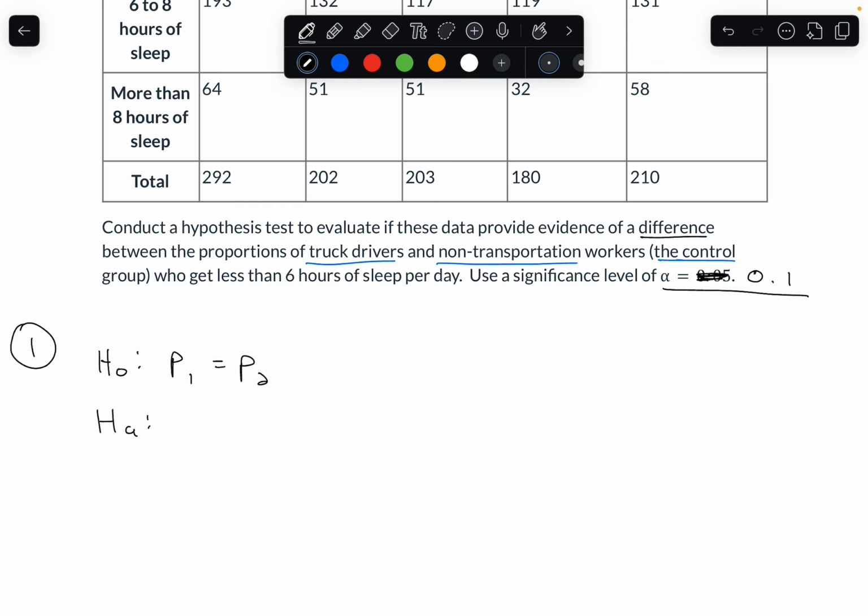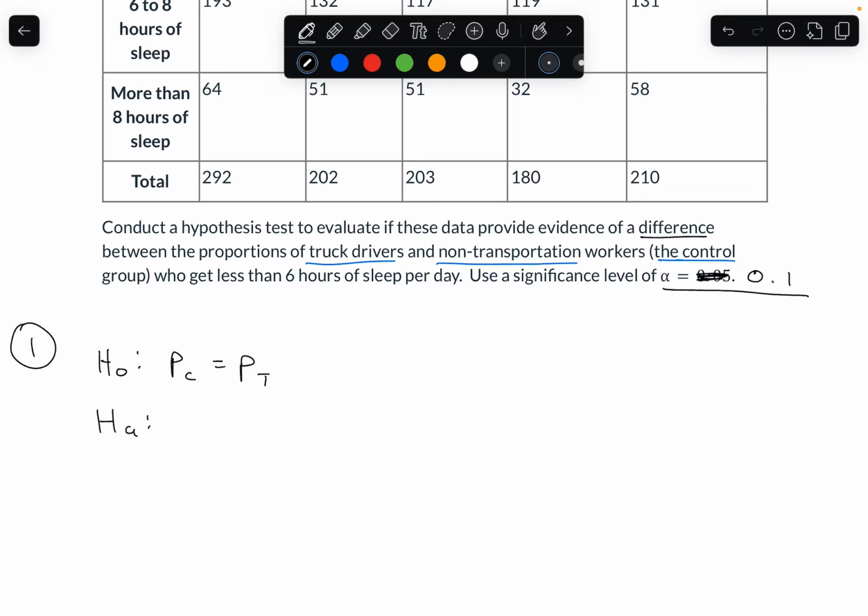If you want, you can also label that as P sub C for the control group and P sub T for the truck drivers. Either one of those two things is fine. Again, if you're using 1 and 2, just make sure you make it clear to me which one is proportion 1 and which one is proportion 2. So if that's the case, we'll go ahead and keep going.